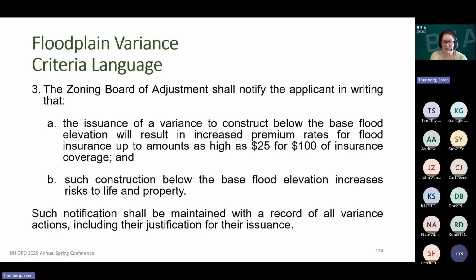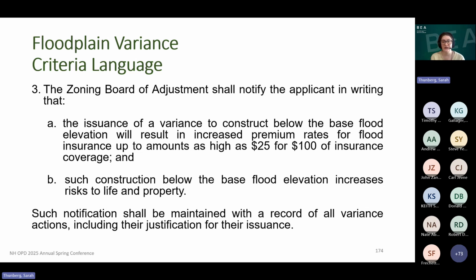All right, so just like any other regular variance, the Zoning Board of Adjustment must notify the applicant in writing that the issuance of a variance will result in increased flood insurance premium rates and that the construction below the base flood elevation will increase risk to life and property.